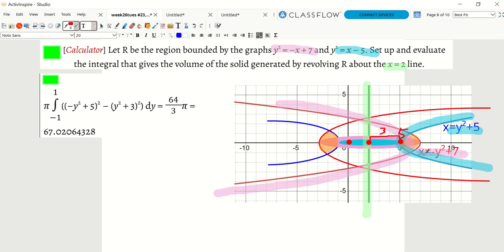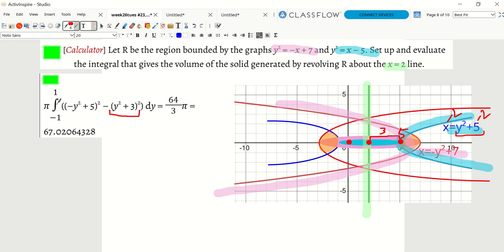So whatever the x coordinate is, in this case hypothetically a 5, we have to subtract 2. And the x coordinate is represented by this function, so we're going to subtract 2. 5 minus 2 is 3. So this whole thing right here with this bracket underneath becomes this right here for the radius of the blue.